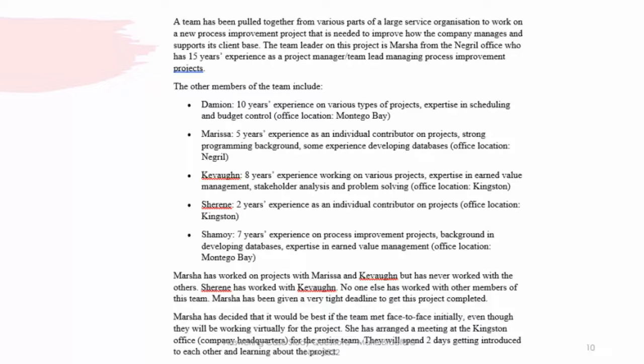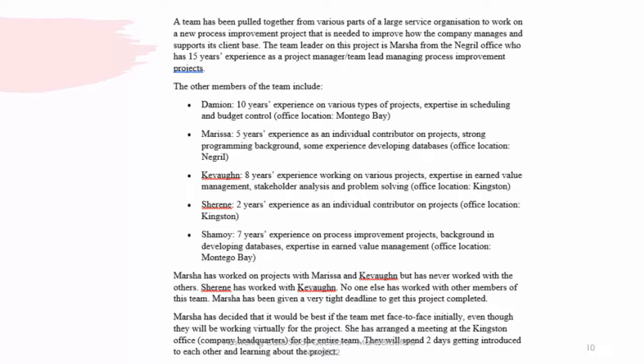Kevon has 8 years experience working on various projects, expertise in earned value management, stakeholder analysis, and problem solving, and his location is in Kingston. Shireen has 2 years experience as an individual contributor on projects, and she's located in Kingston. Shamoy has 7 years experience on process improvement projects, background in developing databases, expertise in earned value management, and her location is in Montego Bay.